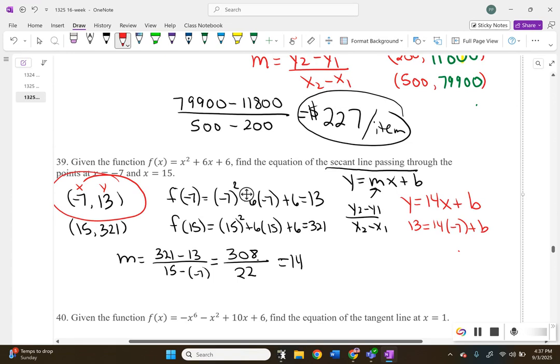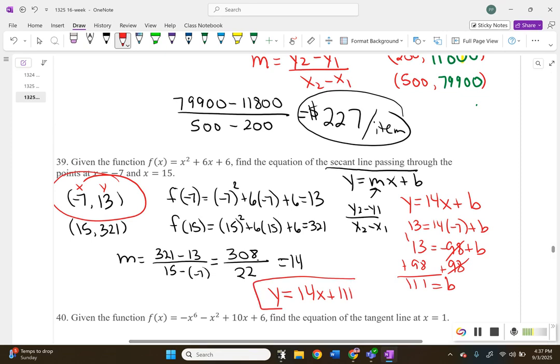So 13 equals negative 98 plus b. If I add 98 to both sides, then I'll have 111 equals b. So my equation is y equals 14x plus 111. That is my equation of a secant line.